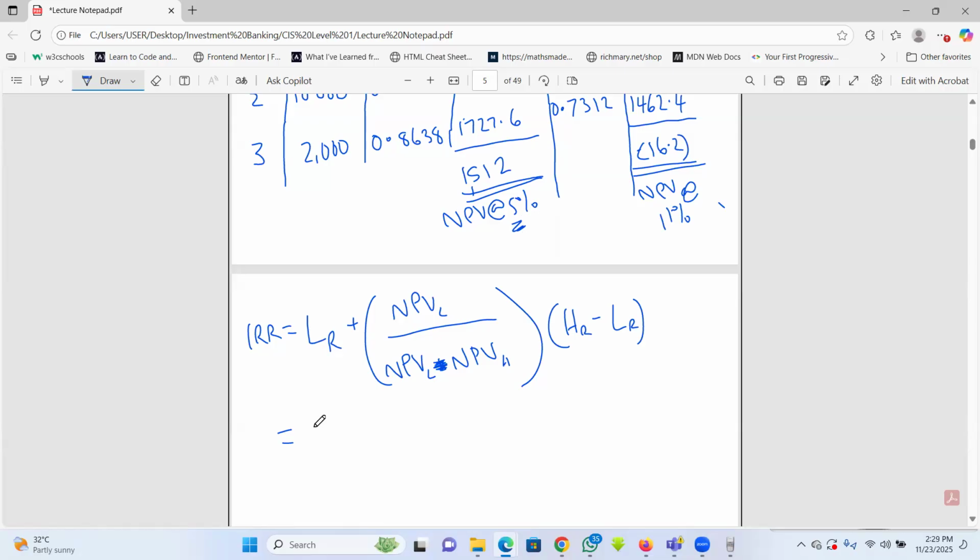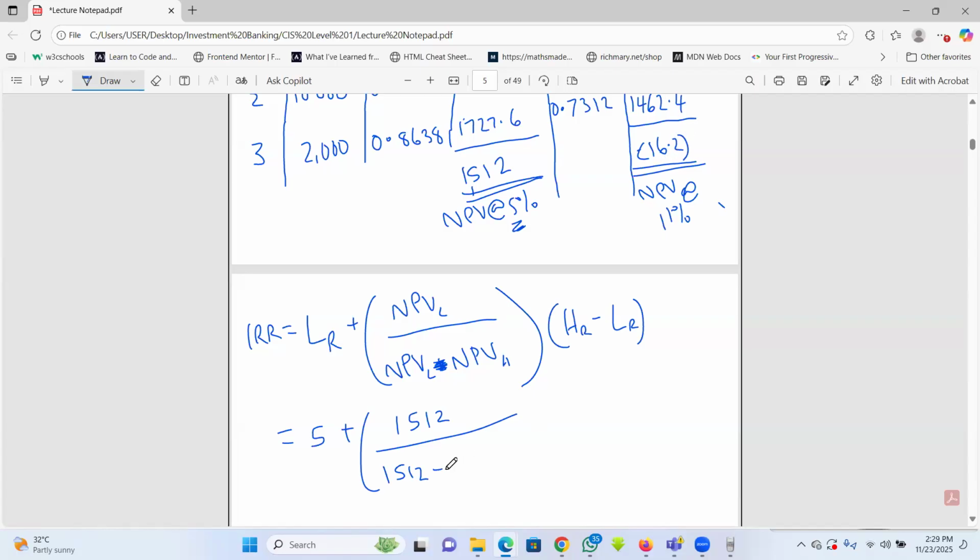5%. So I put my 5 plus. What is the NPV at that lower rate? 1512. Okay, divided by 1512 minus, so what's the NPV at the higher rate now?